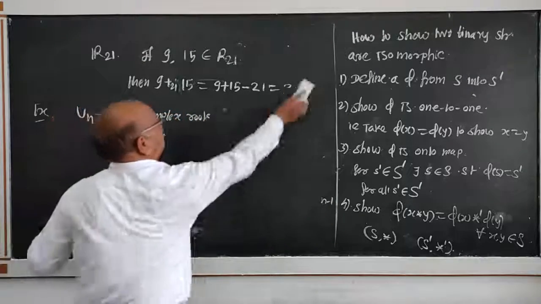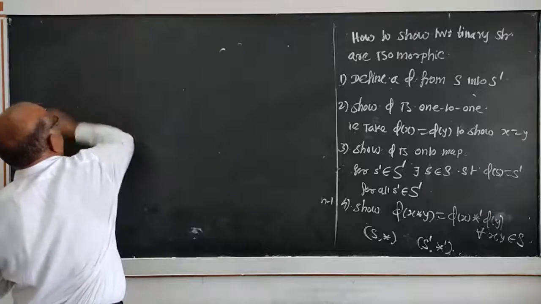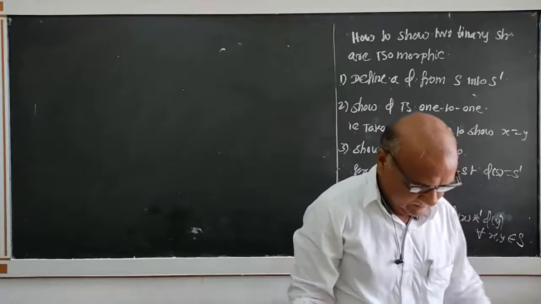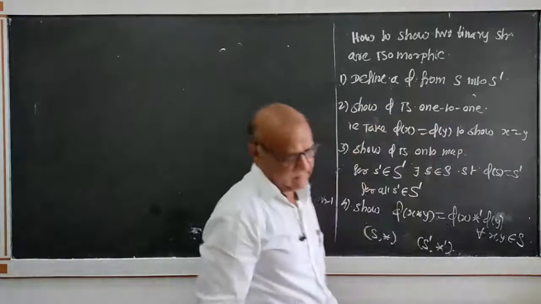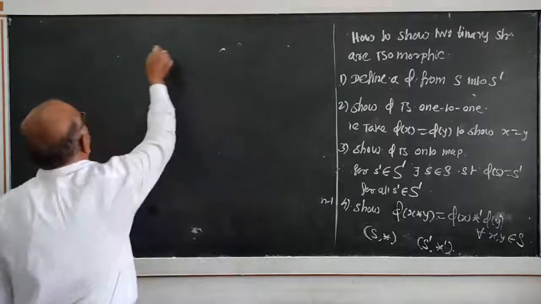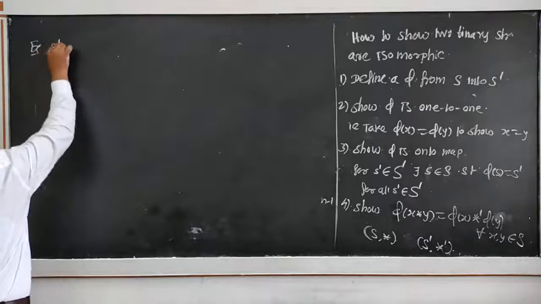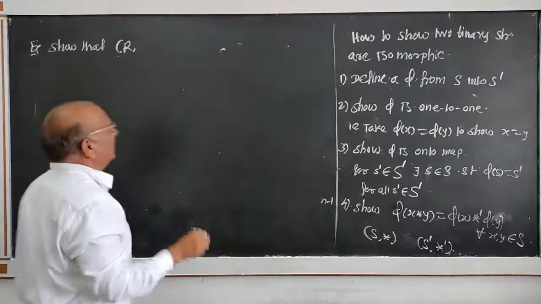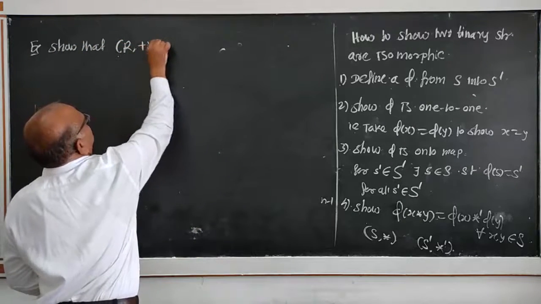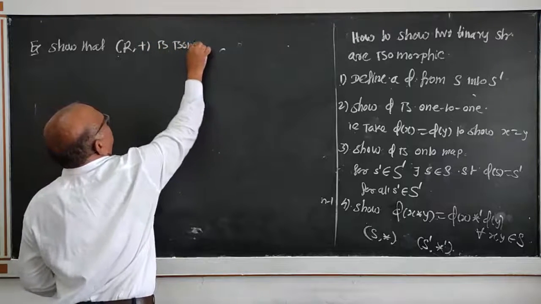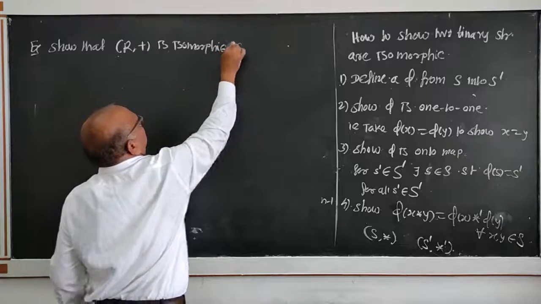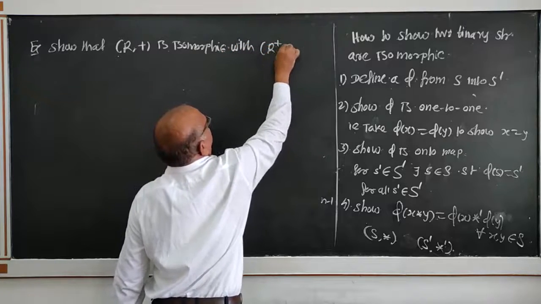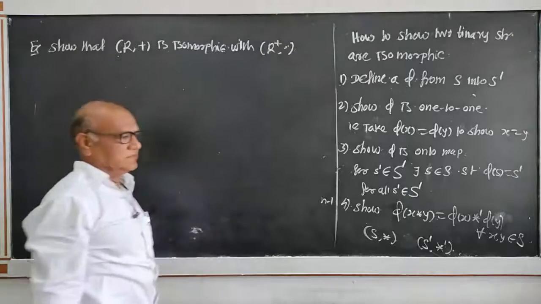Now, examples. Example: show that (R, +) is isomorphic with (R plus, multiplication).